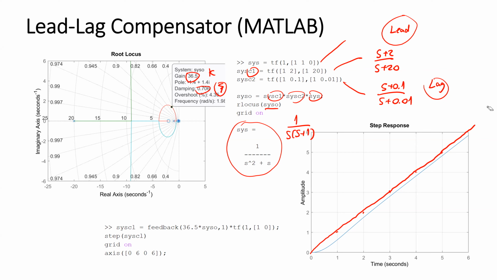With the lead lag, how can I plot the ramp response of the lead lag? I use a feedback to obtain the closed loop transfer function.